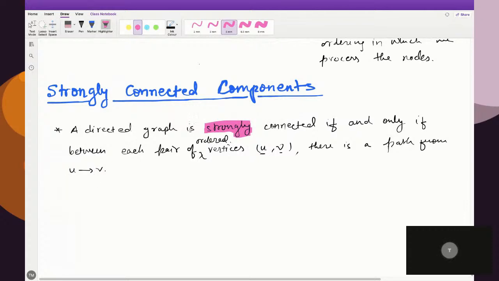That is where it is going. And for a moment, let us forget what a connected component is and focus on strongly connected directed graphs. Then the component part is the same as it was in the undirected graph.